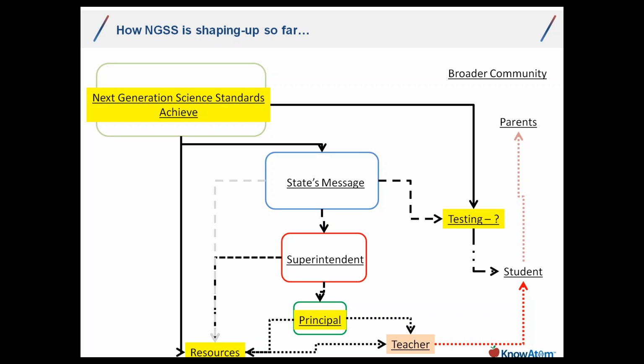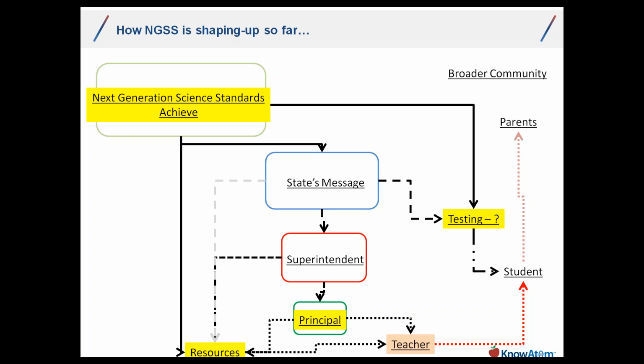and are asking really attuned questions. As those standards have emerged, the messaging has been going through the states, and some states have taken a look at the Next Generation Science Standards and adopted them wholesale, so they are what they are. Others have made some tweaks, basically just changing the name in a lot of cases. And so that state message starts to trickle down in the same way we saw with Common Core state standards.